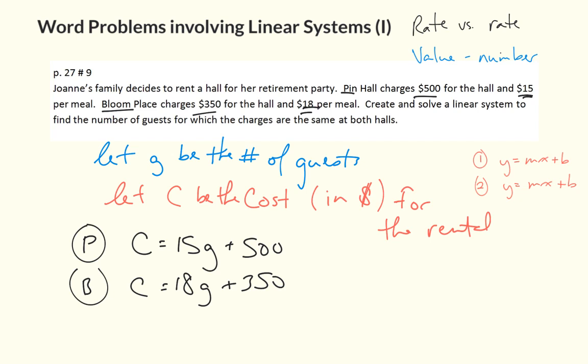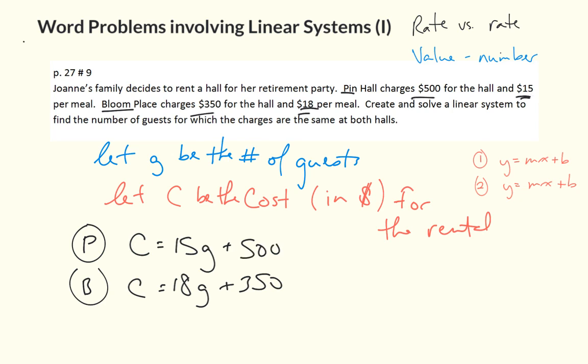We now have our linear system, and we're going to solve it. Of course, there are two different ways we can solve this algebraically. We could even solve it by graphing, plugging these two equations into Desmos or GeoGebra and seeing where the point of intersection is. But we have a choice algebraically between substitution and elimination, and both will work.